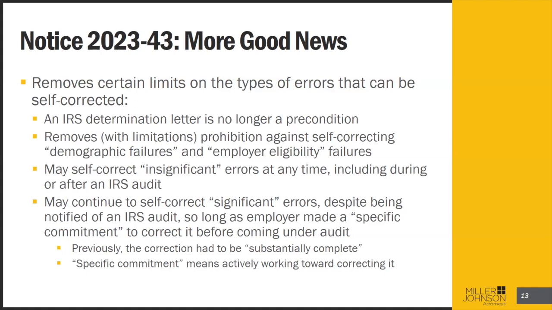It's not that you've learned about it and you've mentally thought to yourself, gee, we should correct this. It's that you've found out about it, you have steps in place, and you've started working towards correcting. As long as you've done that, then you're in a good place. But this also highlights the reason, just like it's always made sense, to correct these as soon as you can, to make sure that they're at least in process before you get notice of an IRS audit.